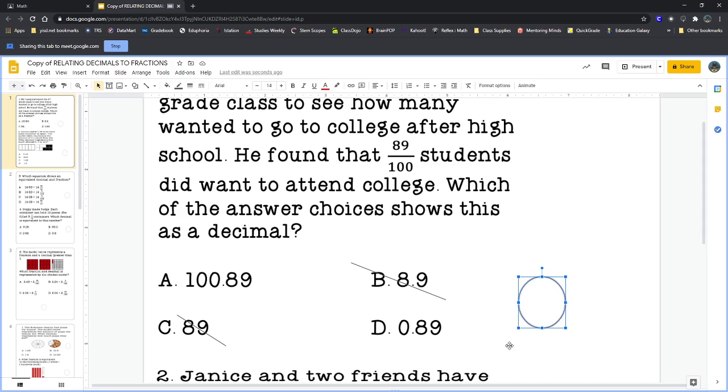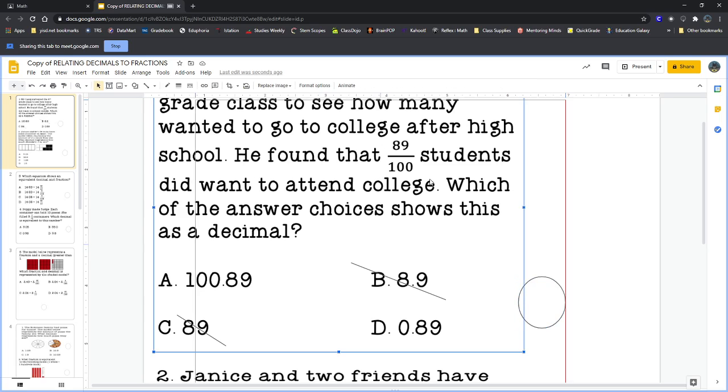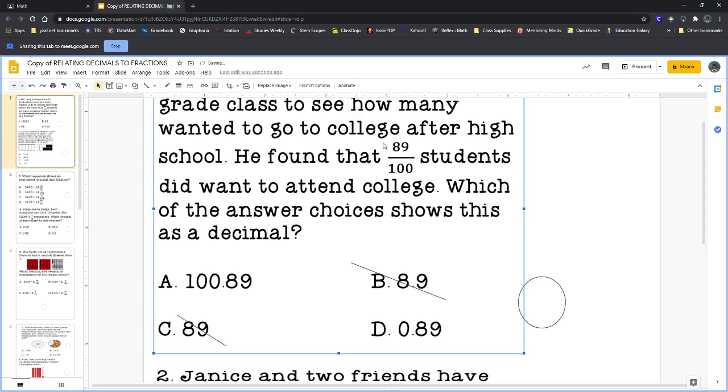Who can tell me what answer choice you think shows this fraction as a decimal? Violet, what do you think? Answer choice A or answer choice D? Answer choice D. We have the numerator, 89.